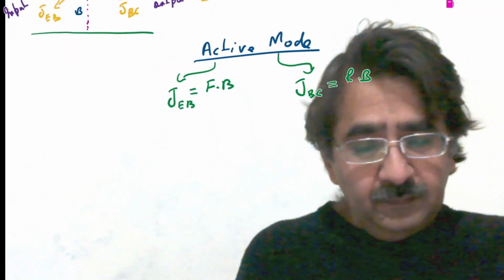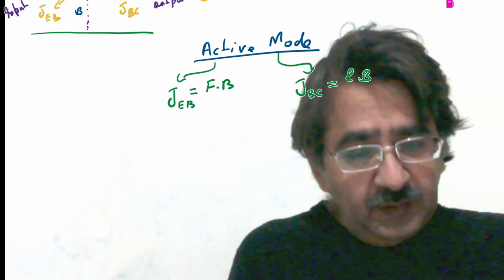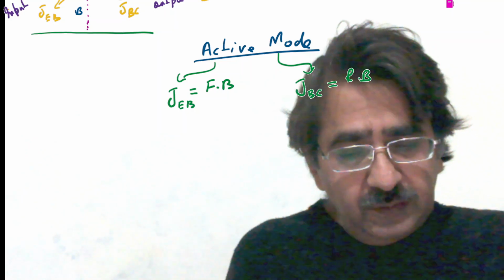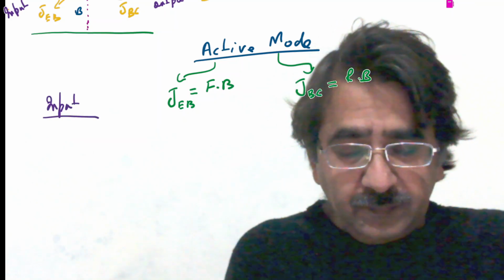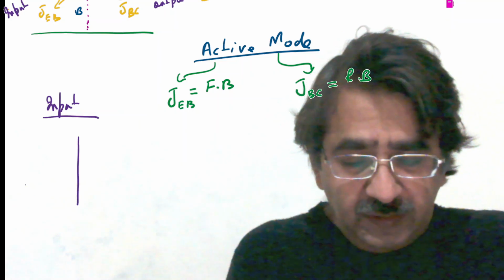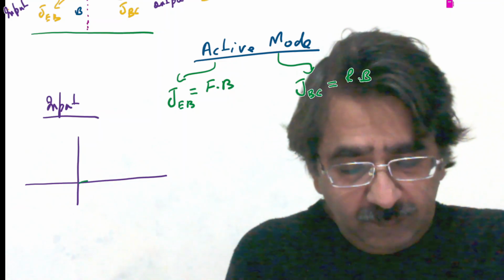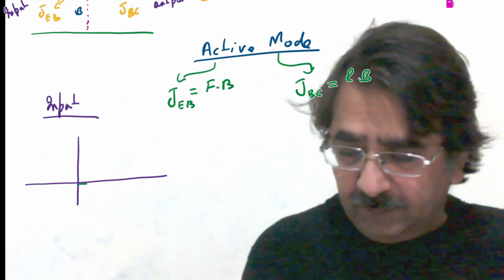So if I draw the input characteristic, because that will be the junction for input, the input characteristic of this transistor will be like this, because it is forward bias.